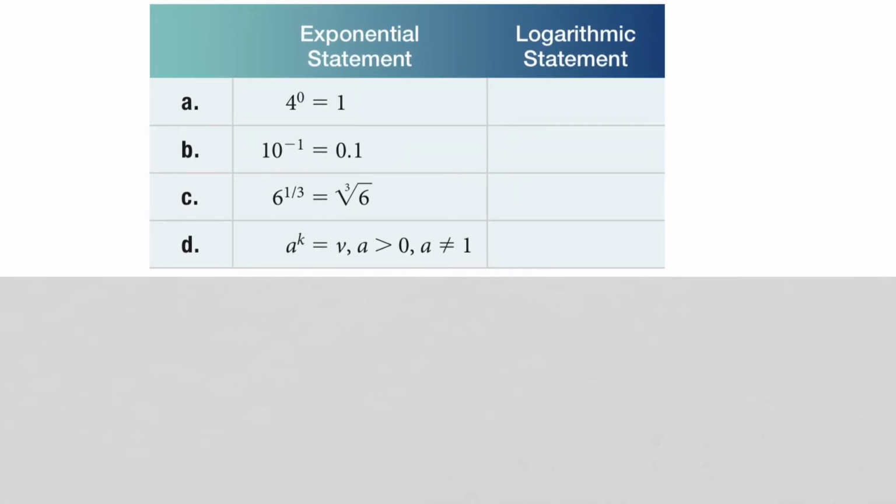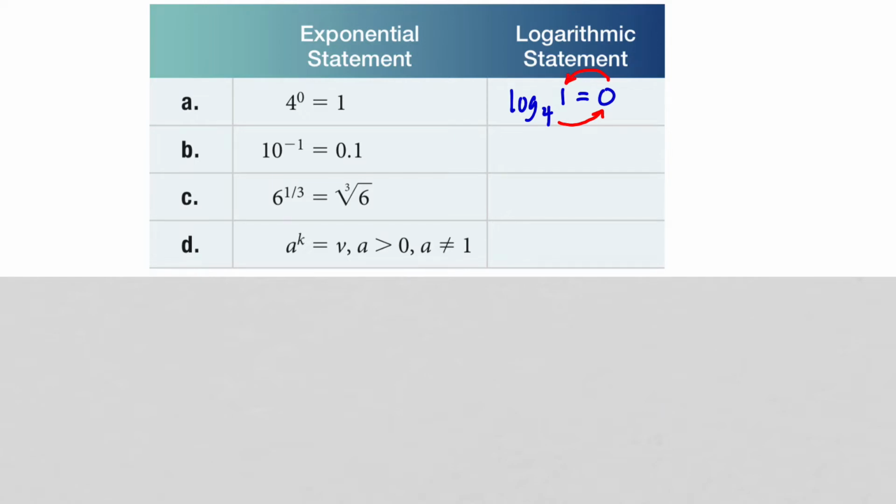So when we say 4 to the 0 power is equal to 1, this is going to mean log base 4 of 1 is equal to 0. Now we can double check that by doing the simple little conversion that we did previously.